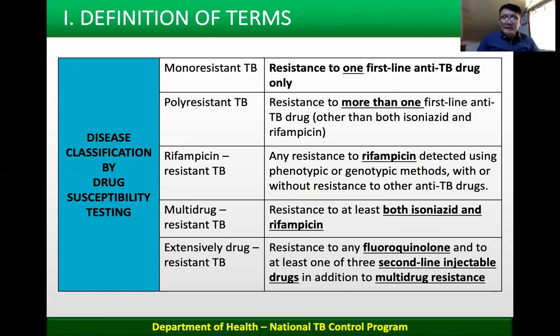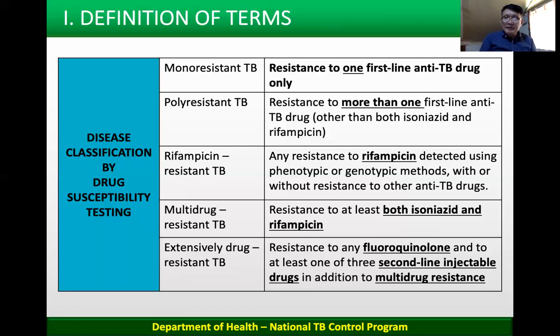Now, rifampicin resistant TB is any resistance to rifampicin detected using phenotypic or genotypic methods, with or without resistance to other anti-TB drugs. So this is already our RR-TB as previously discussed. While multi-drug resistant TB is resistance to at least both isoniazid and rifampicin.